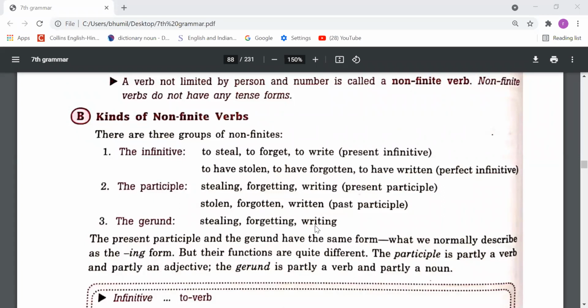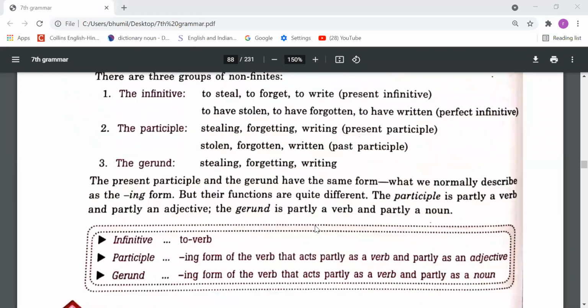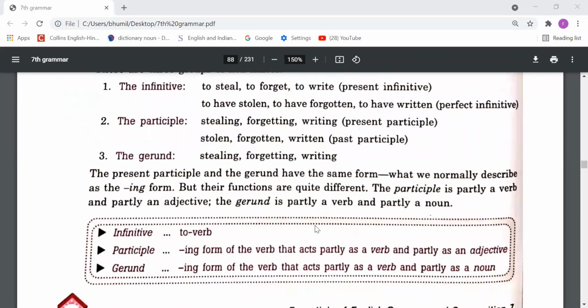And participle is also divided into two parts: present participle and past participle. And the third type of non-finite verb is gerund, right? Further, we will study these types of non-finite verbs.